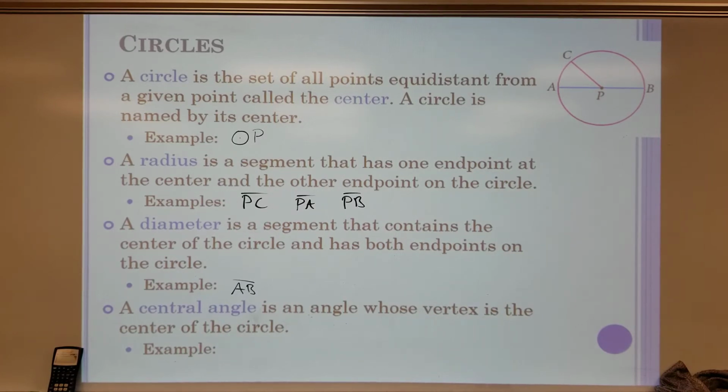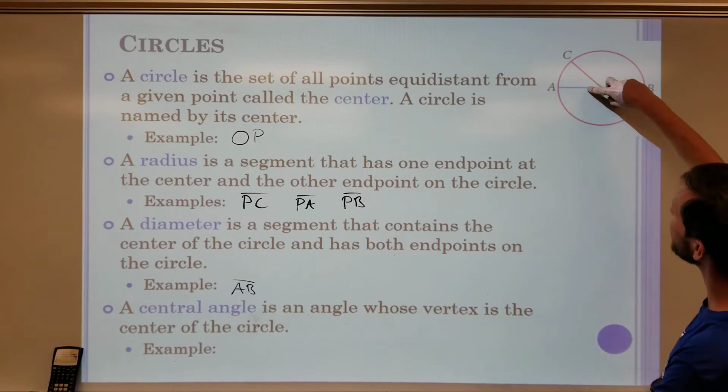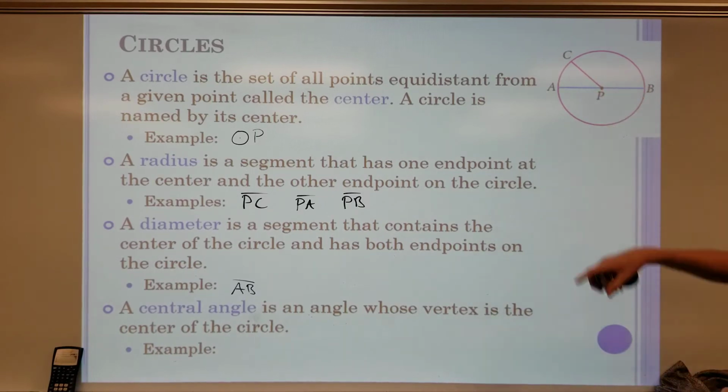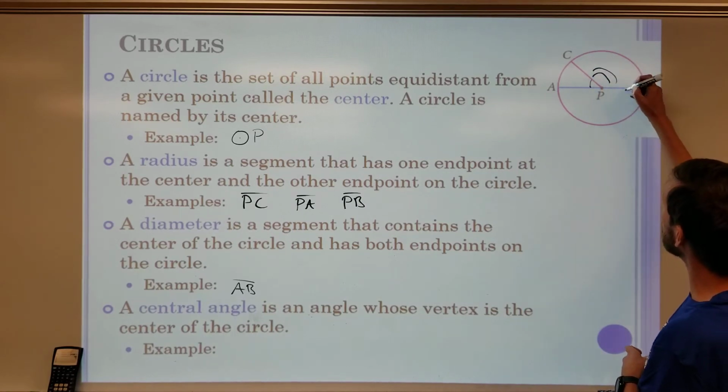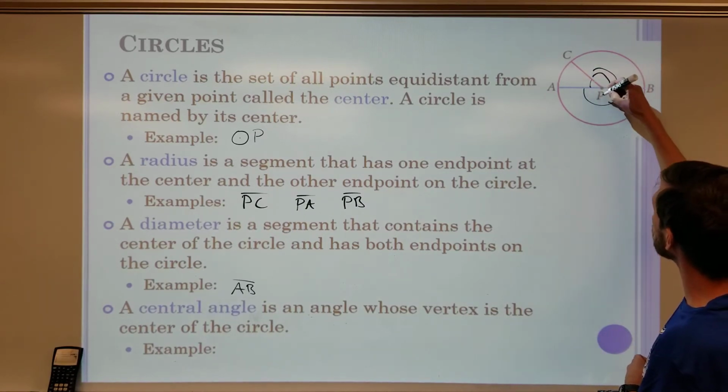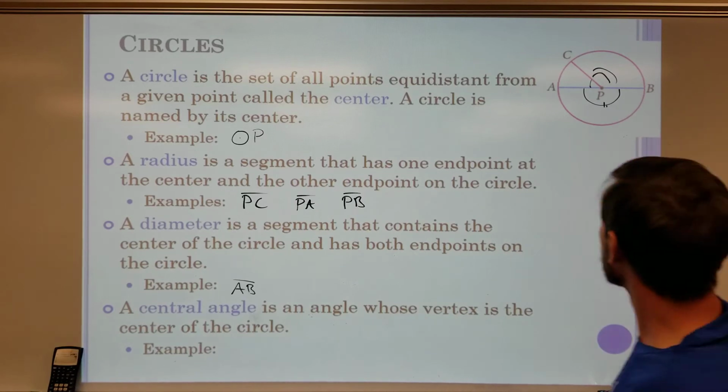A central angle is an angle whose vertex is at the center of the circle. Just like we discussed back in Unit 7, when we discussed regular polygons, and the central angles in regular polygons were the angles at the center of a circle in which the regular polygon was inscribed. And so a central angle would be like, for example, this one right here, or this one there, or then this straight angle that we would have in the picture.